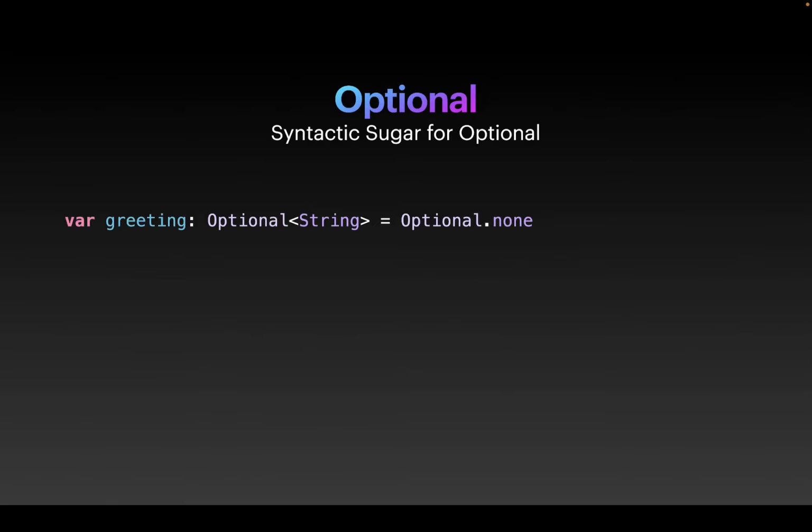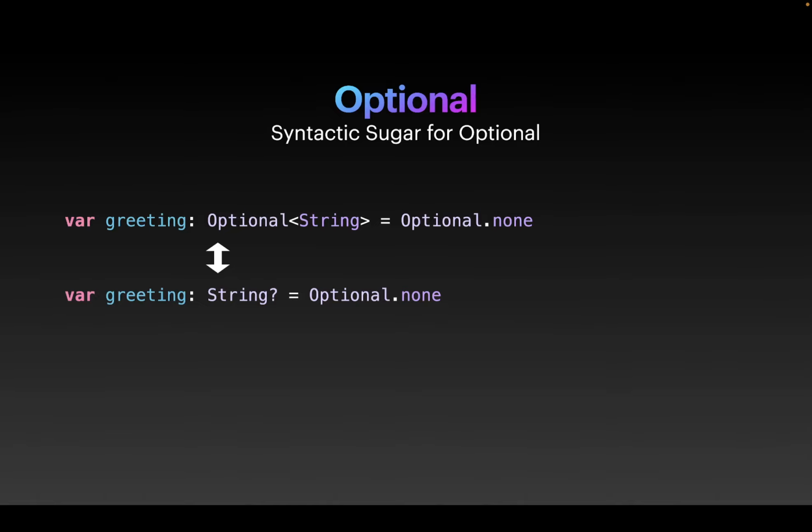Now let's think about another case where we want to define an Optional.none, meaning the data doesn't exist. Well, at least when you see this line of code, the data doesn't exist. And you can write something like this. First, get rid of the Optional angle bracket String. Just say String with a question mark. It means optional string.